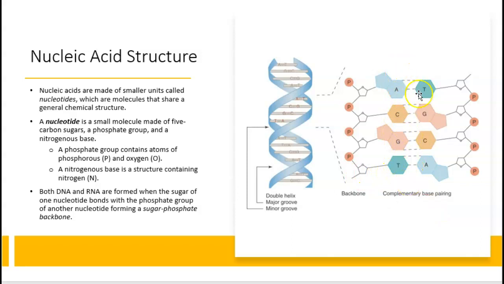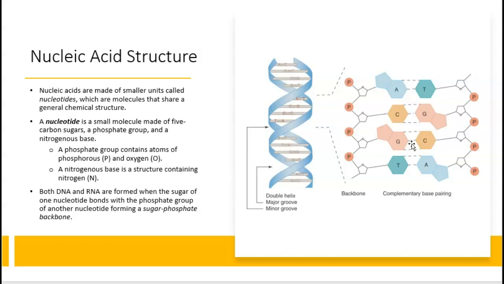And in here we see that they are these geometric shapes and they have letters in them. And this is where they combine with the other backbone to make the double helix, right? Okay, so that's the three parts of the nucleotide.